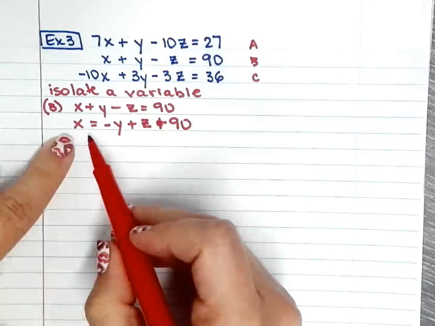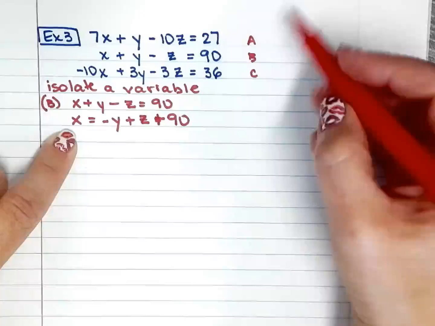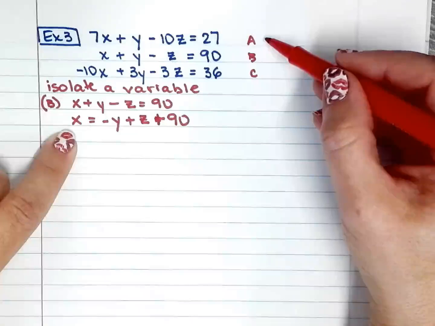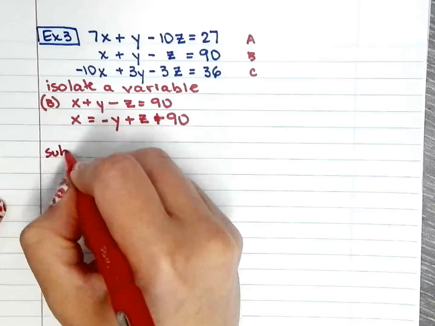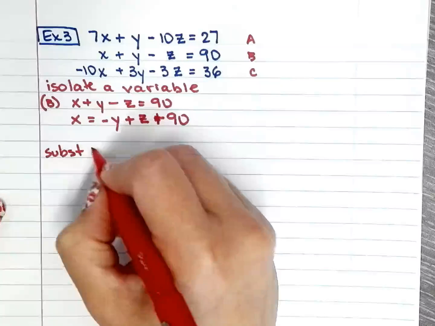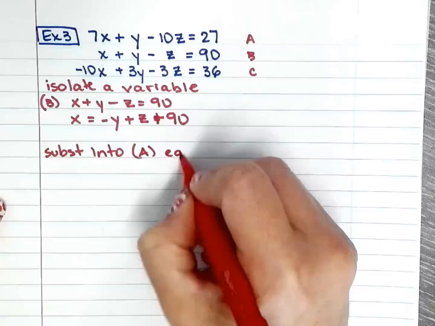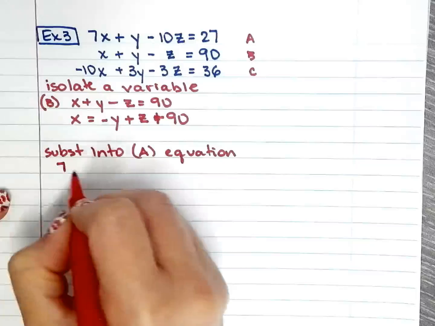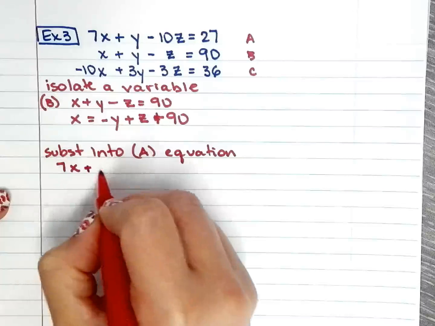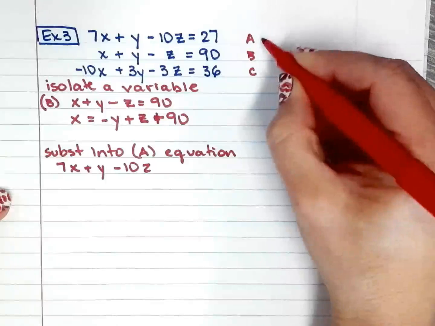Okay, now I will do the same thing that I did from example 2. I'll go ahead and substitute in both A equation and C equation. So substitute into A equation. Okay, so this is A equation. Not a random equation, but this equation right there.